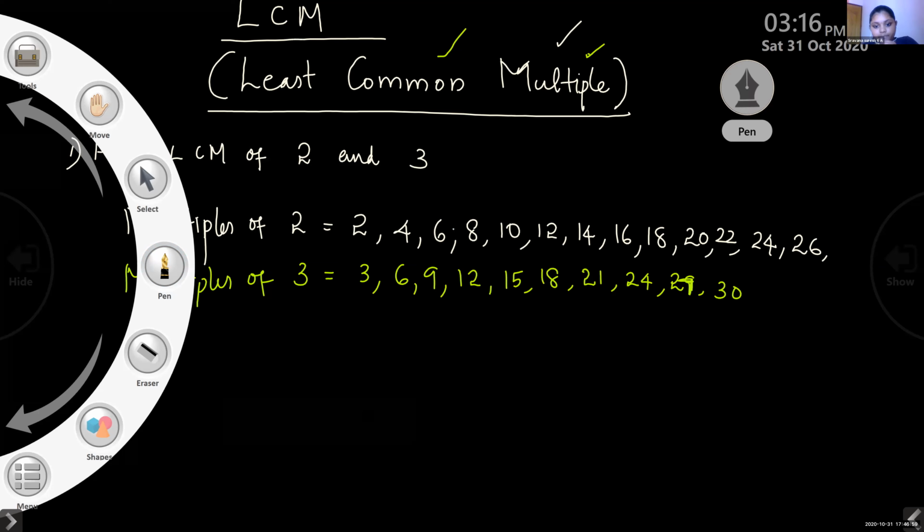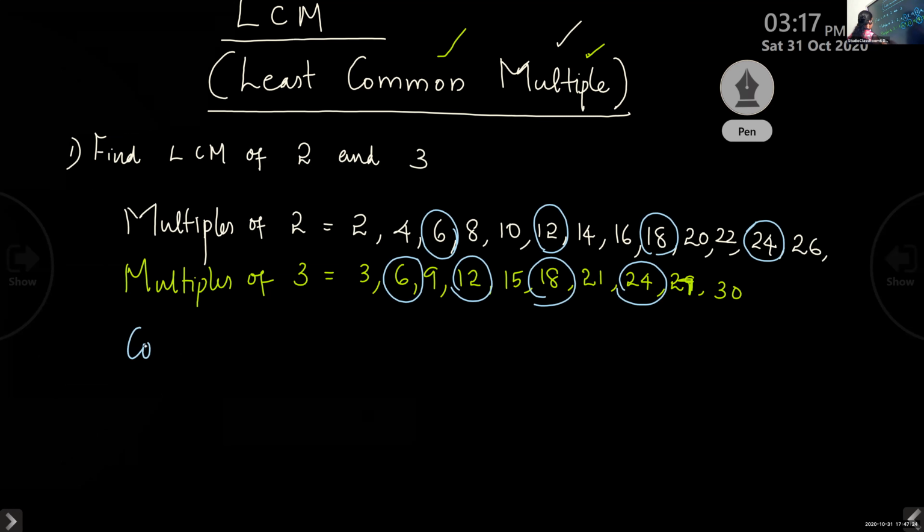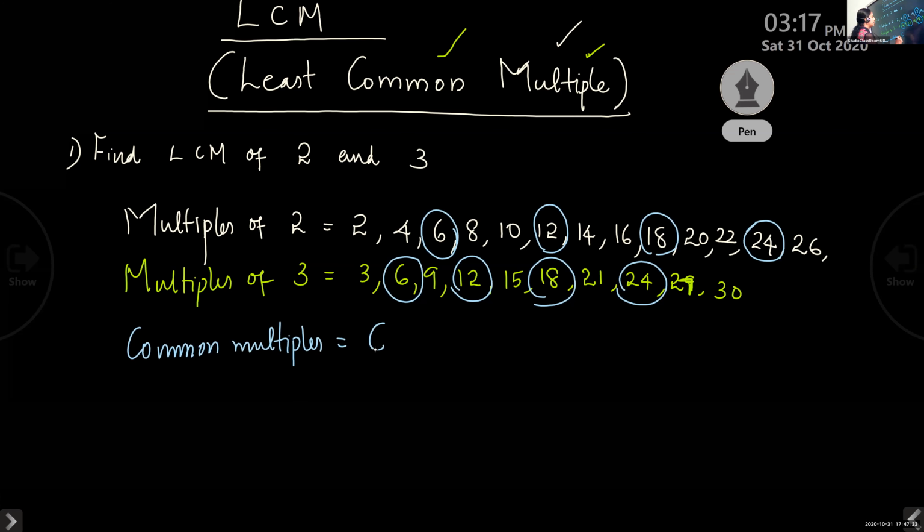Okay, 6, 12, 18, 24, and 30 are common. So you understood the word common. Common multiples: 6, 12, 18, 24, and so on.